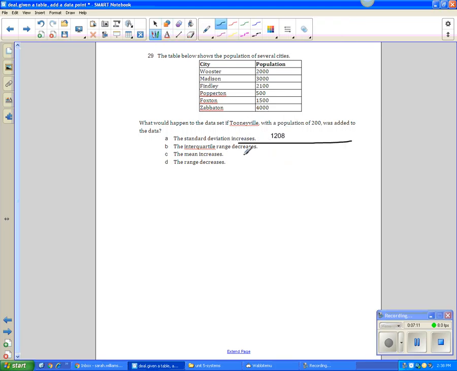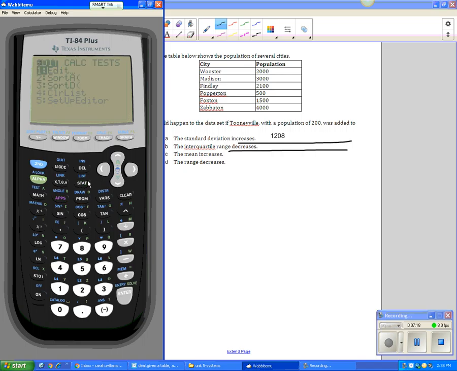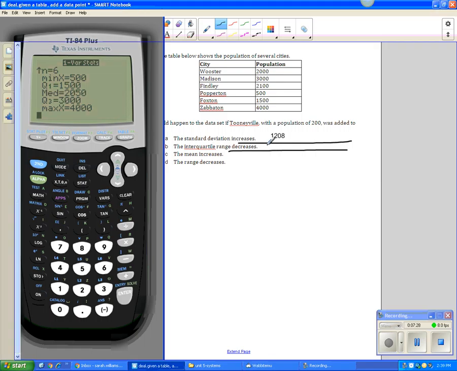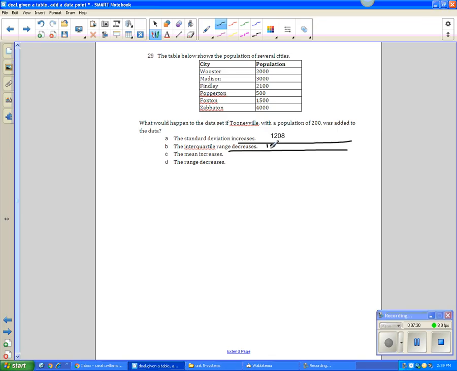All right, the interquartile range, Q3 minus Q1. So stat, calc. All right, Q3 is 3,000, Q1 is 1,500. When you subtract those, you get 1,500. Okay.